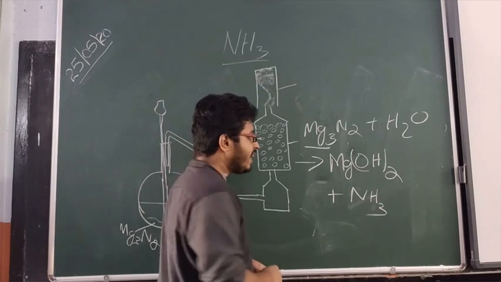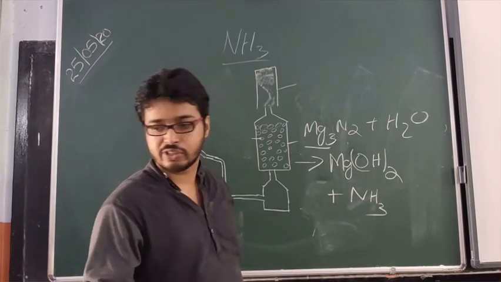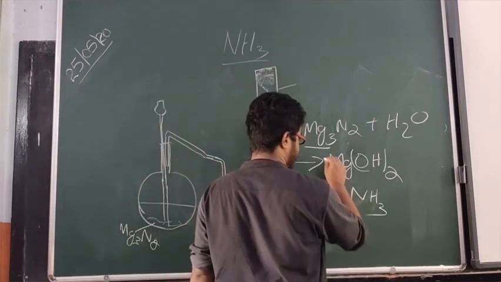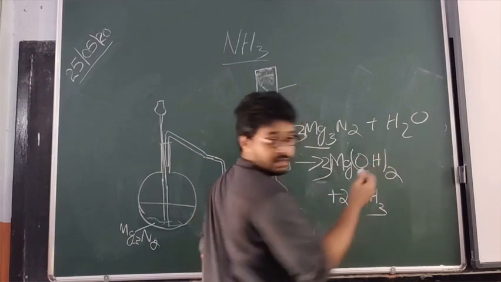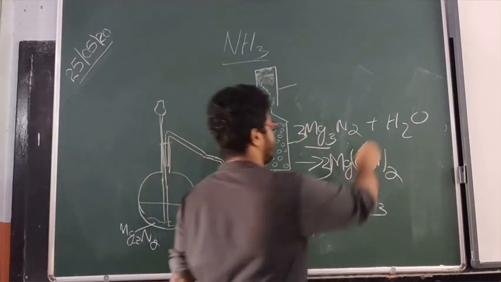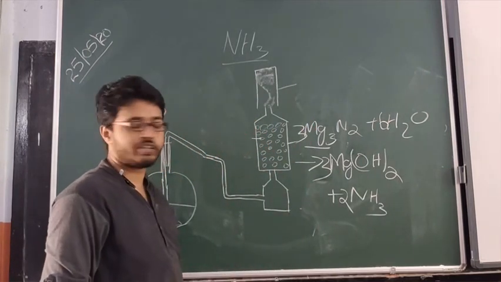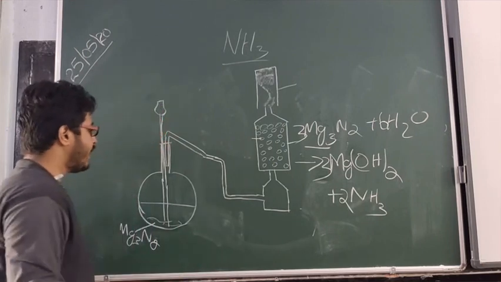So the reaction is Mg3N2 plus H2O gives Mg(OH)2 plus NH3. If you balance it, you need 3 and 6 and 2. This is the balanced chemical equation for the preparation of ammonia from magnesium nitride.